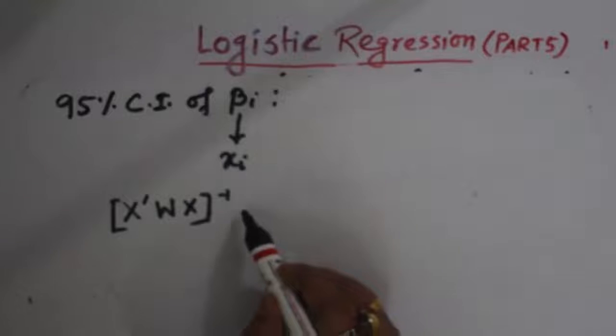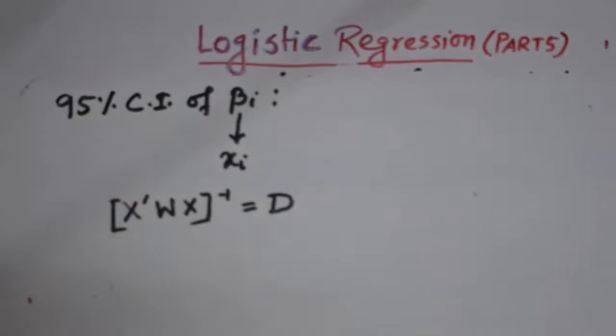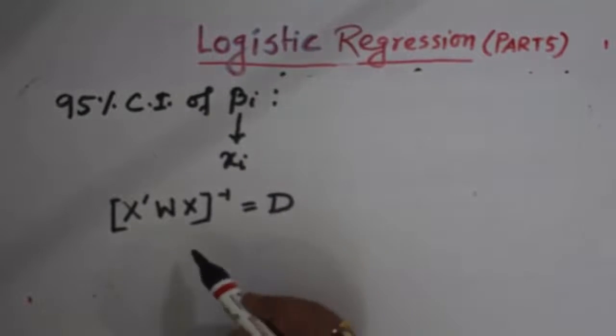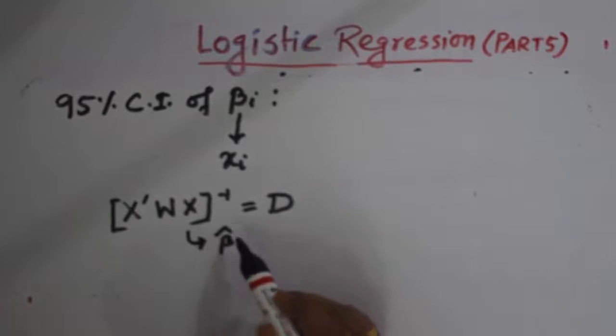We denote it by capital D. Now suppose using iteration you get the MLE of beta curl, which is beta hat curl.